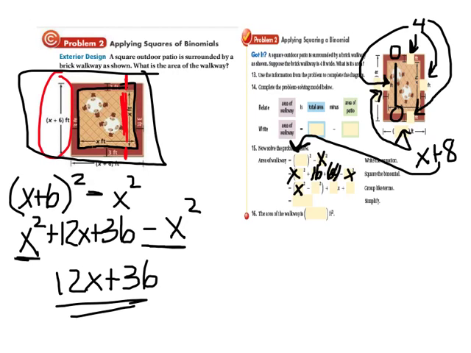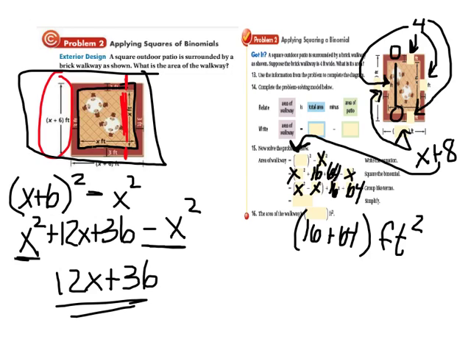This step here is just telling us to put our like terms next to each other, and then we'll go ahead and put our leftovers over here, and then we're just left with 16 plus 64, and since we want to say feet squared, we need to put the whole thing in parentheses, which I should have done with this over here. I'm sorry for forgetting to do that. Alright?